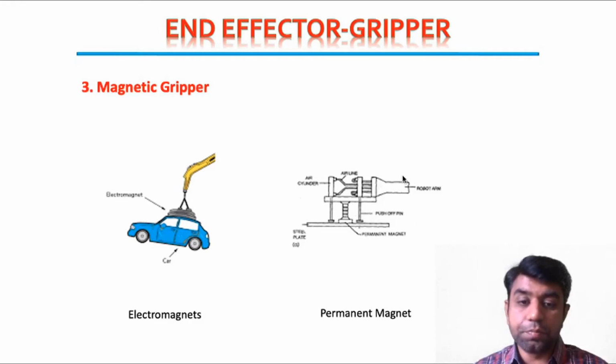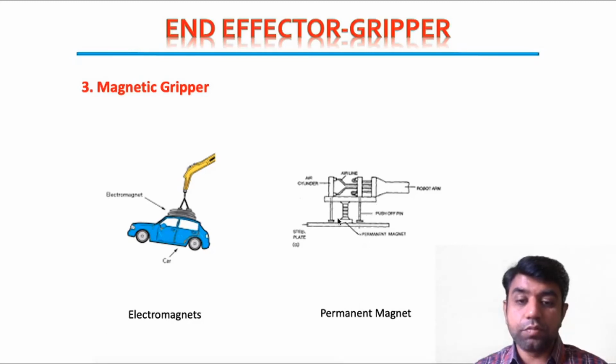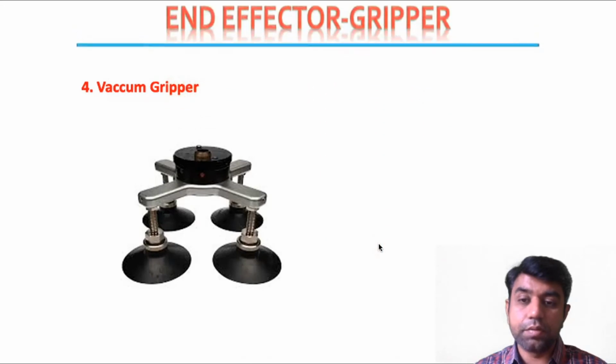And these push-off pins are normally operated with the help of pneumatic cylinders, these air cylinders. So high pressurized air is passed to these push-off pins. The push-off pin will take the object backward, and as it comes out from the periphery or the magnetic field of the magnet, it will release the object, right? So this is how the magnetic gripper works.